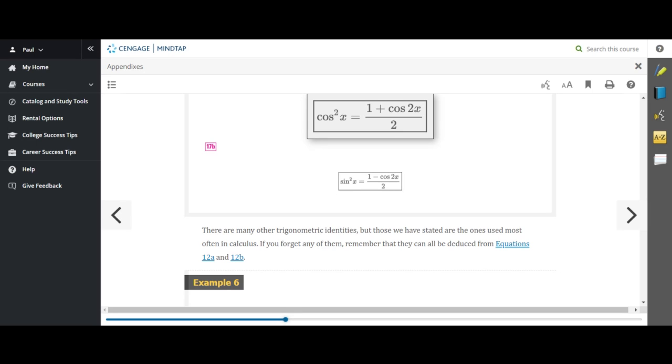Okay, now let's go back to the problem at hand. I think I'm going to have to write down that problem again. It was the integral of the cosine squared of 6 theta d theta.